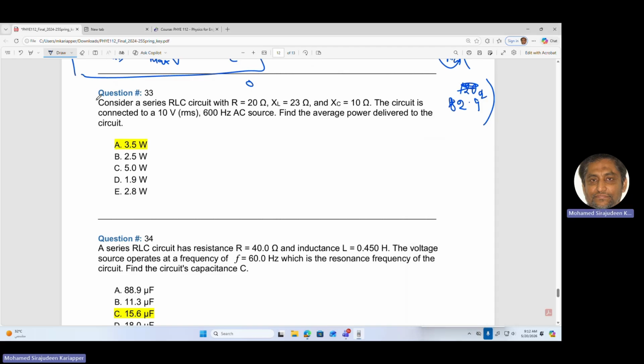All right, this one. Consider an RLC circuit with R, XL, XC. The circuit is connected to a 10 volt RMS, 600 Hz AC source. Find the average power. Okay, so we need the equation for the power. Can you tell me the equation?